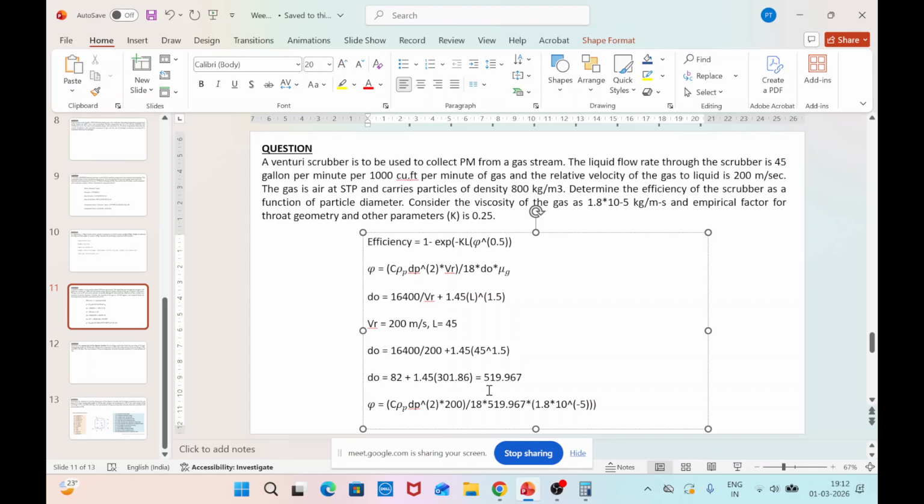So this is known. Now dp square is what we actually want to give that relationship to. So this will be 800.